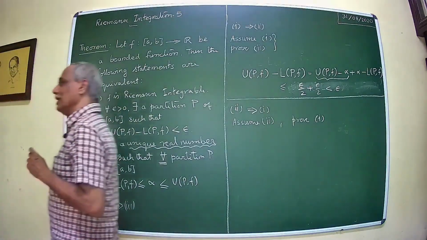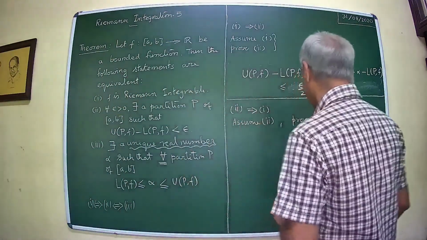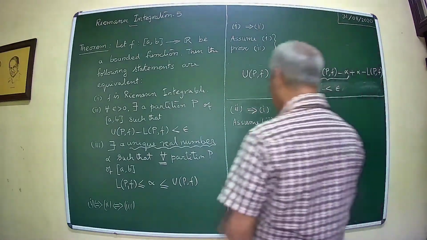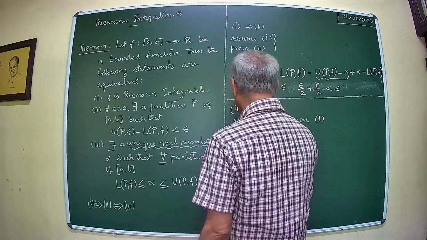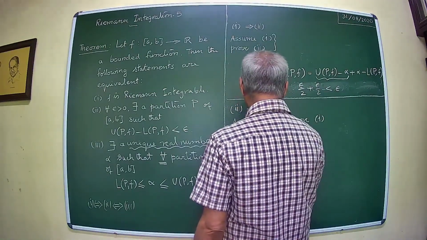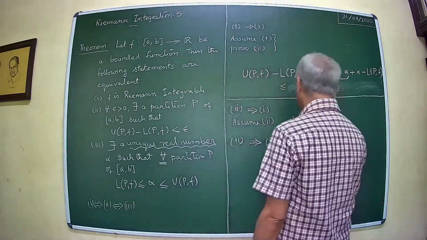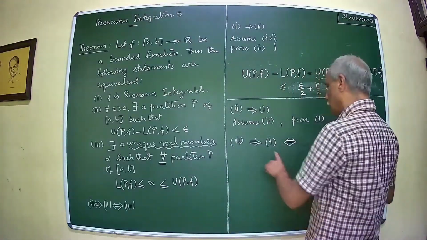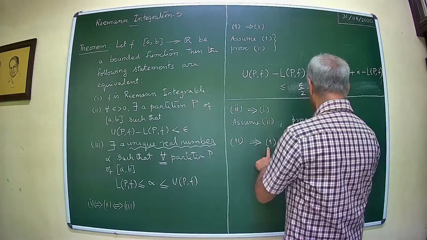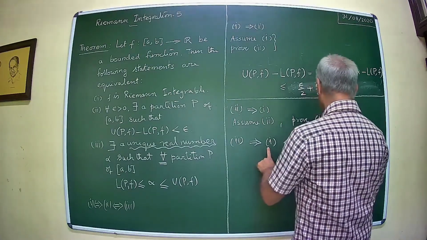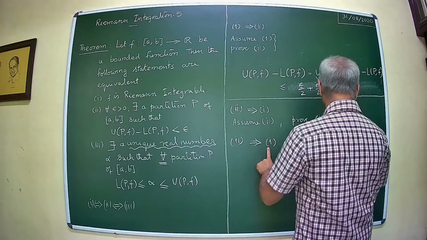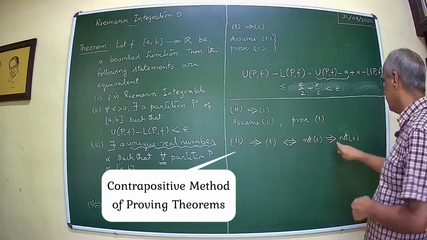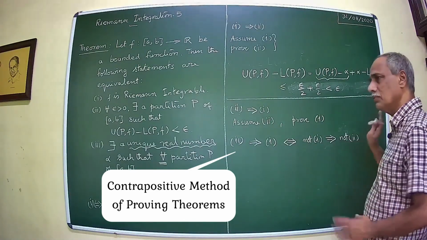Okay. Now, usually we make an observation. When you say 2 implies 1, this is equivalent to the negation of 1 implies the negation of 2.